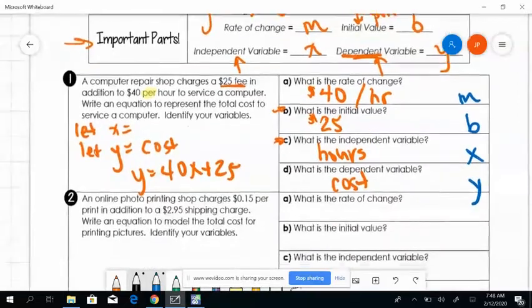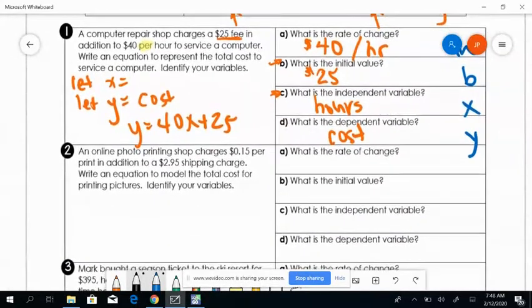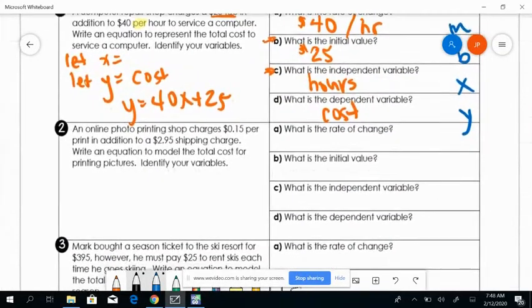Let's try another one, and then you're going to do some on your own. So number 2 says an online photo printing shop charges 15 cents per print. Now right when you see that per, that should be an indication right away that you found your m. 15 cents, and we'll say per print. So that's my m.